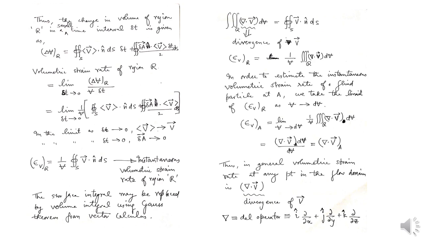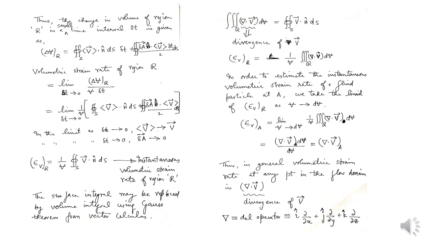So what we have is this. The first term is the integral over the surface area of V dot n dS delta t, plus the integral of delta A dot with the mean velocity V delta t.